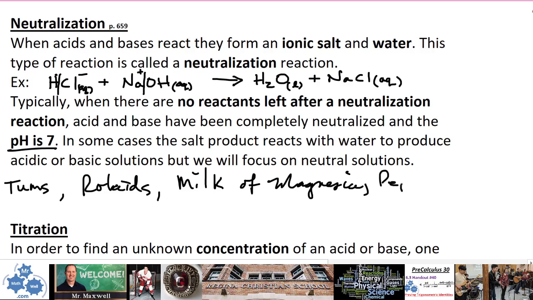Sure, Pepto. So these would be medications. They're called antacids, and their job is to neutralize the excessive acidity that would be in your stomach. I mentioned the other day, if you have heartburn or an upset stomach, sometimes the heartburn is because of acid reflux.